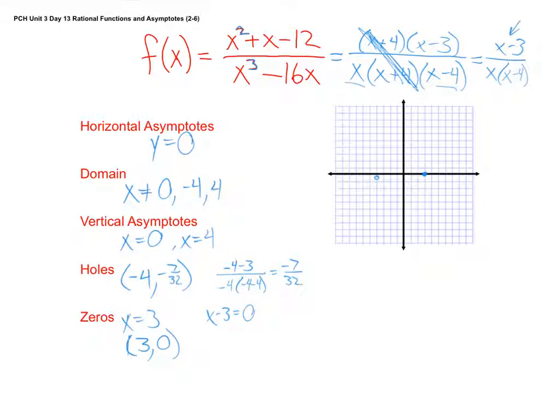We also have vertical asymptotes. So actually, here's our horizontal asymptote right here. We'll get to how we can have a 0 on our horizontal asymptote in a second. We also have x equals 0 as a vertical asymptote, and then also x equals 4. Now, one thing to understand about horizontal asymptotes that makes them a little different than vertical asymptotes is that horizontal asymptotes are lines that we will not cross on either end.